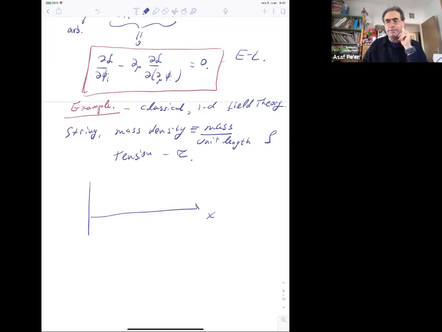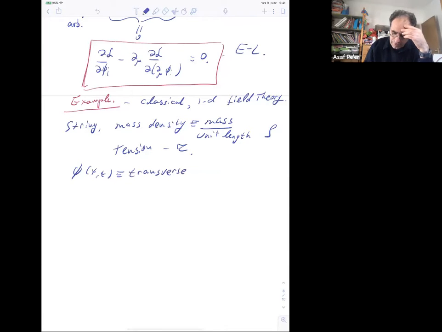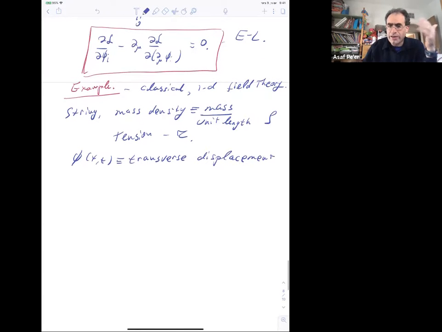And then I am now forcing the string to move along the y direction, right? So let's say that the scalar field phi of x and t is the transverse displacement. Basically, it's the y as a function of x.